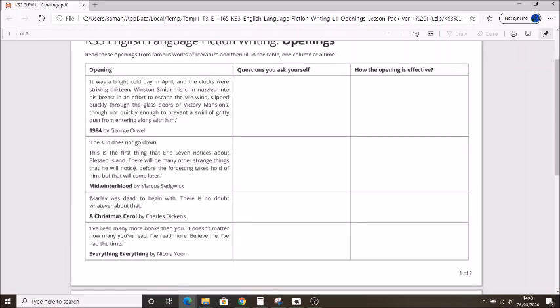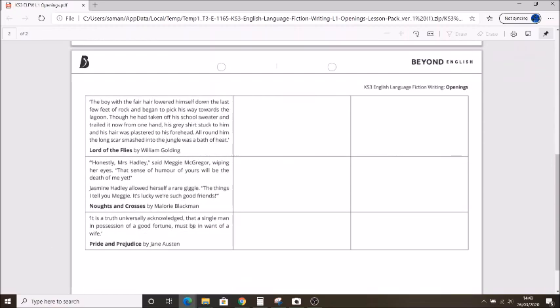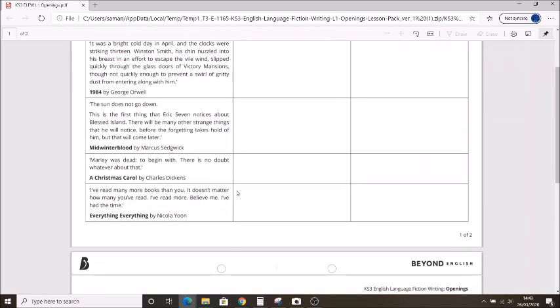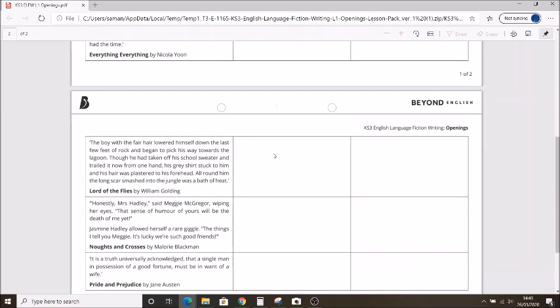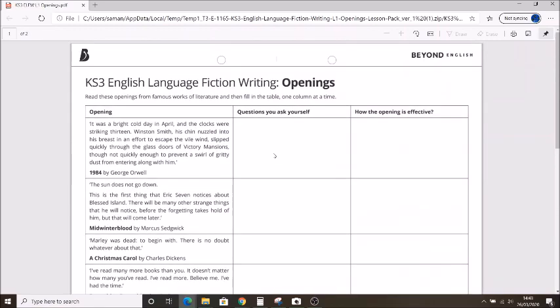I want you to go through each one of these 6 others and write down 1, 2, 3 questions that you can think of in terms of what information we are not getting and what information the reader might want to know. You may be talking about yourself as the reader. You might not be particularly interested in this book. If you're not, then think about people who would be interested. What would they want to know?